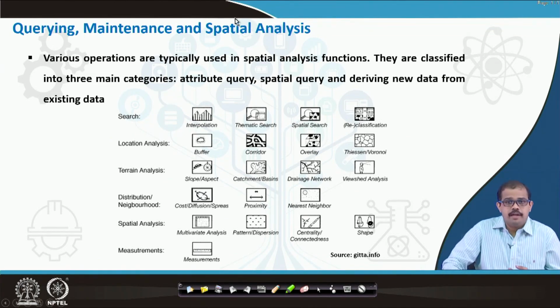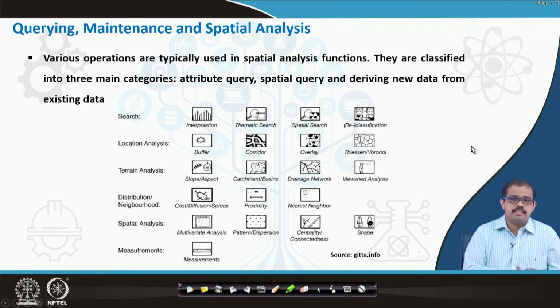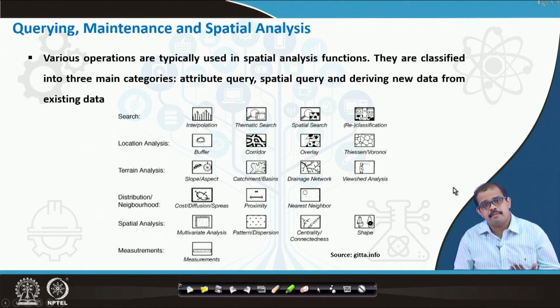For example, let us say that there is a particular industry. In the proximity of that industry, the next 5 kilometers, it may not be feasible or good to have human habitations there. So if it has to be marked spatially as non-habitable regions, you will have to draw it spatially, and such kind of proximity analysis can be made.